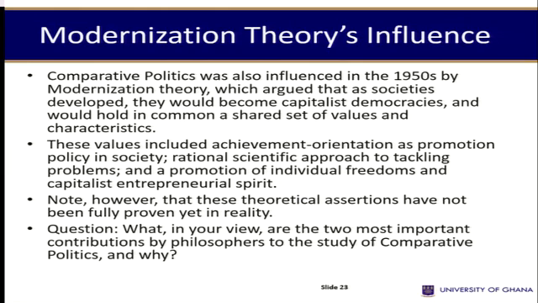These values included achievement orientation as a promotion policy in society, rational scientific approach to tackling problems, and the promotion of individual freedoms and capitalist entrepreneurial spirit. You must note, however, that these theoretical assertions have not been fully proven in reality.